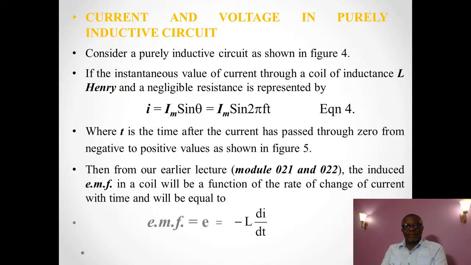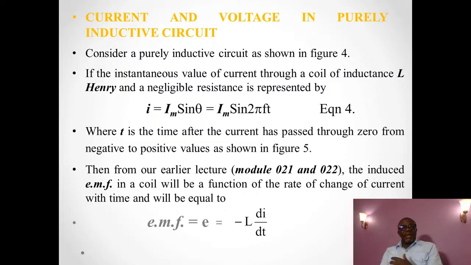So if you do that, it gives you also Im sine 2 pi ft. If you change theta to its radians, it becomes 2 pi f. So that gives us equation 4. Where t is the time after the current has passed through 0 from negative to positive values, which we show in fig 5.